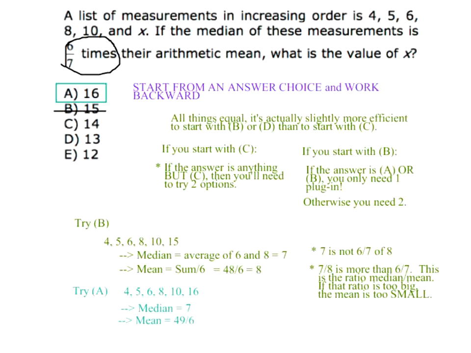If you want to make a common denominator to compare these two, 7 is 42/6. And indeed, 42 is 6/7 of 49. So also likewise, 42/6 is 6/7 of 49/6. So the median is 6/7 of the mean. So there's your answer.